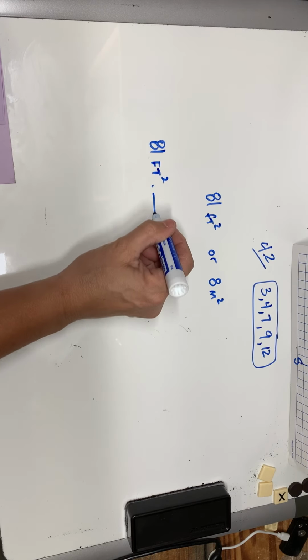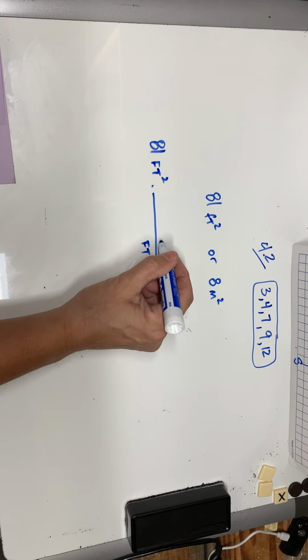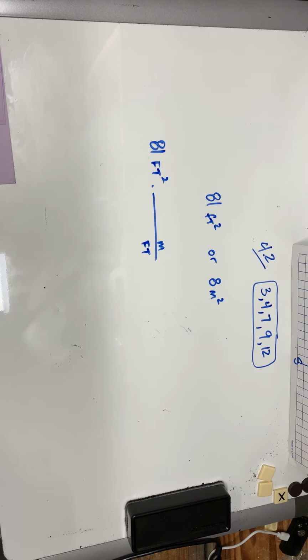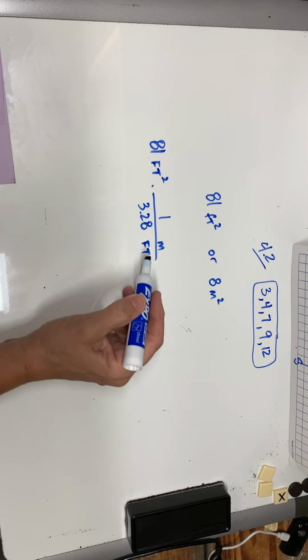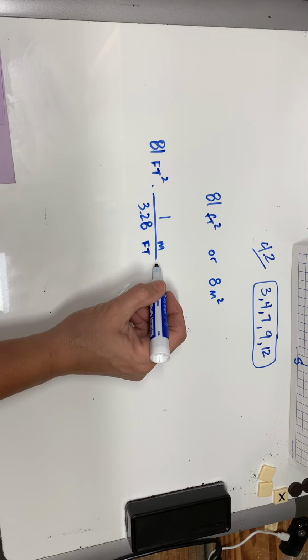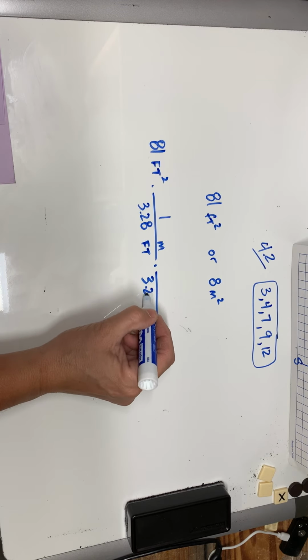If I'm converting feet to meters, do I have a conversion for that? I think they give you a table in this particular problem, and we do have a feet to meters conversion. So 1 meter is 3.28 feet, but I need 2 of those to cancel because they're feet squared.